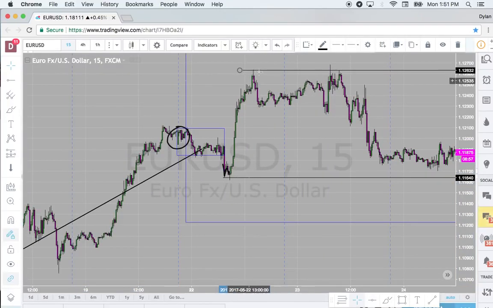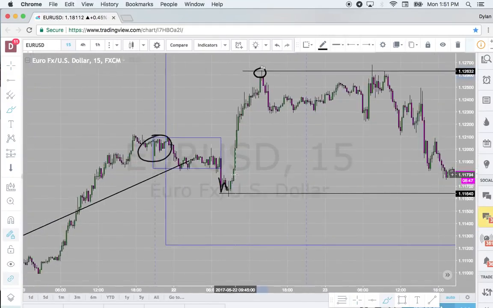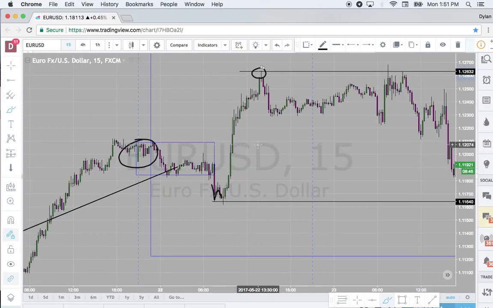This high was made in the New York session, or maybe right before New York session. This is the low of the day, correct? So when was this low created?